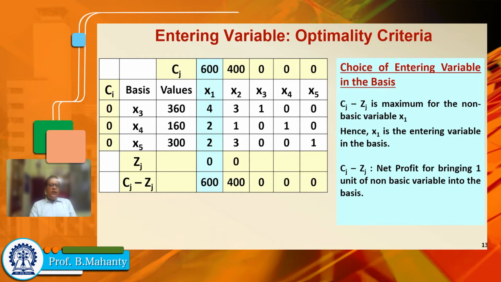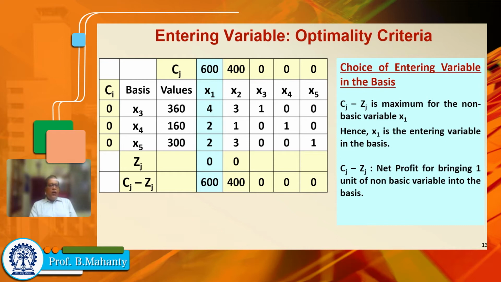If we produce 90 units, then we require 90 into 4, 360 of x3, 90 into 2, 180 of x4, 90 into 2, 180 of x5. Now 180 of x5 is not a problem because we have 300 units of x5. But 180 units of x4 is going to be a problem, because x4 is available only at 160 units. So can you see that x4 is going to be our bottleneck resource?